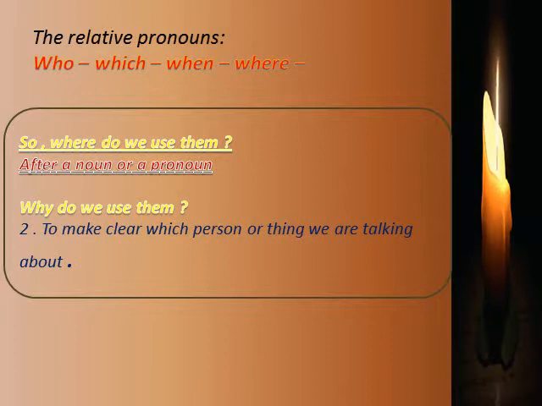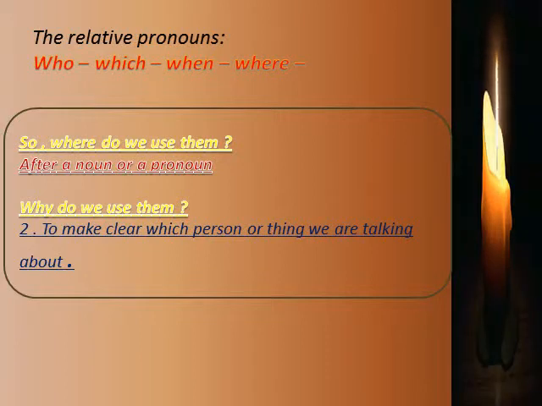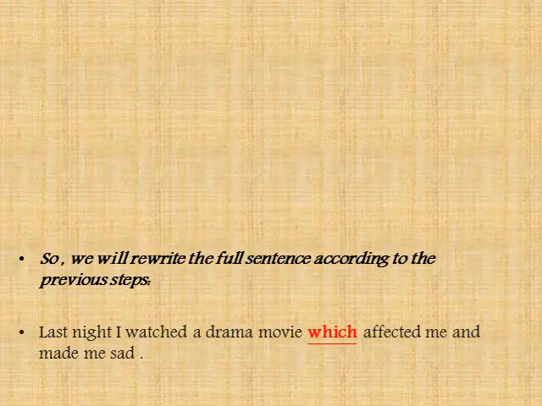We use them after a noun or pronoun. Why do we use them? To make clear which person or thing we are talking about. And this means that we are determining the person or the thing we are talking about by adding some details or information.